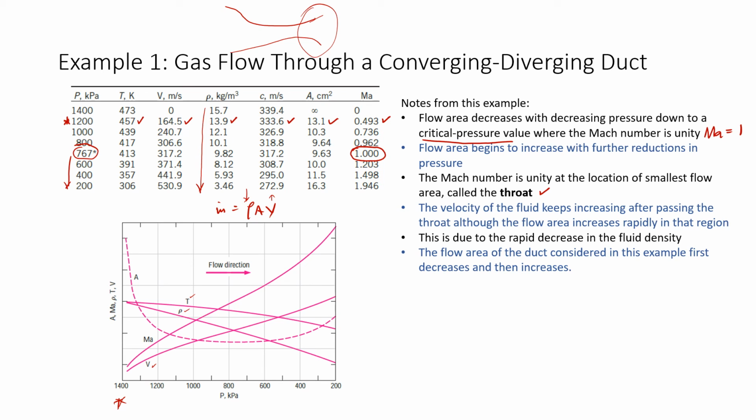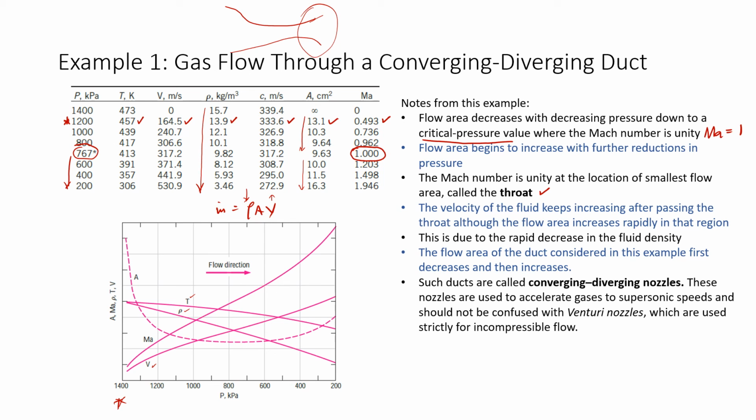This is fixed based on the shape. It decreases halfway and then increases the rest of the way. Such ducts are called converging-diverging nozzles. So it does have a special name. These nozzles are used to accelerate gases to supersonic speeds.